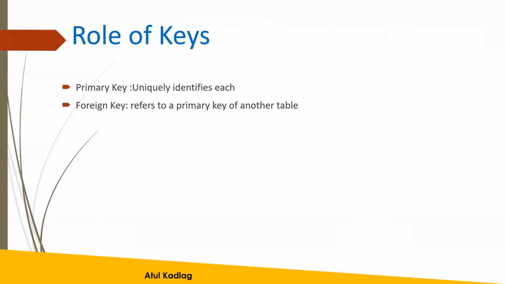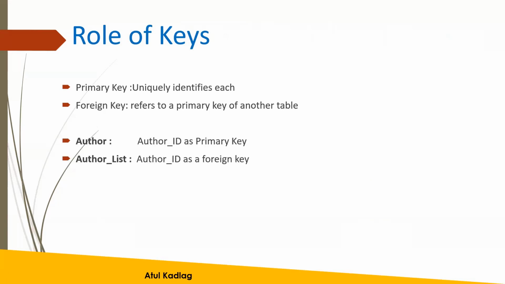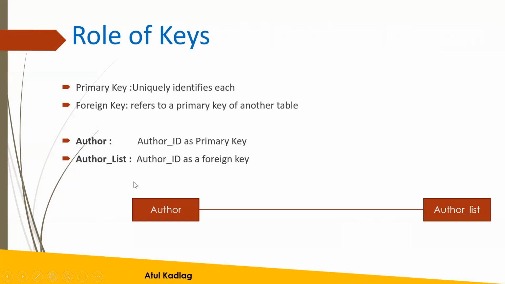For example, author has author ID as a primary key, and the author list table has author ID as a foreign key, because this author ID refers to the primary key of the author table. So we can join these two tables with the author ID column. author.authorID is the primary key column, and authorlist.authorID is the foreign key. These relationships we need to understand.